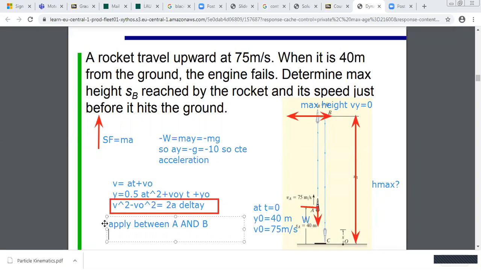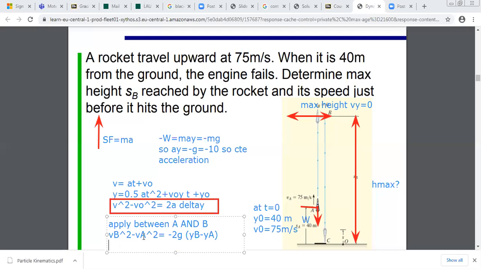VB square minus VA square is equal to, A here is minus g, so minus 2g delta Y. Of course, all velocities I'm considering along y because motion here is along y. What is delta Y? It's Y final minus Y initial, so it's Y of B minus Y of A.